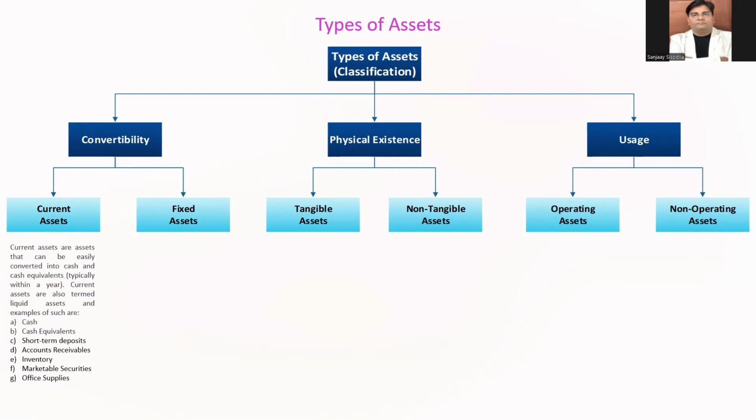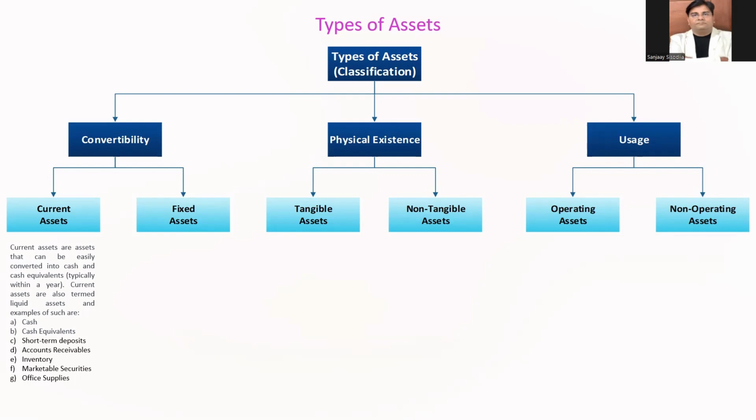Current assets are the assets that can be easily converted into cash or cash equivalents, typically within a period of 1 year. Current assets are also termed as liquid assets.